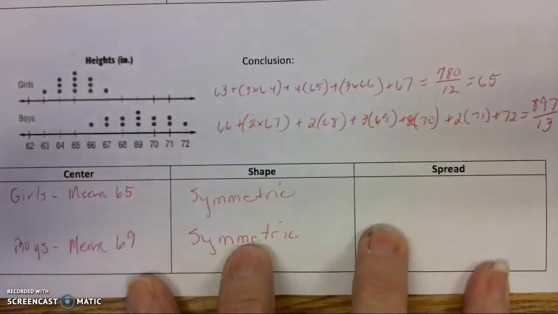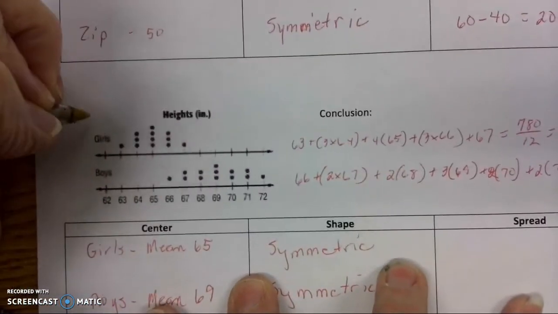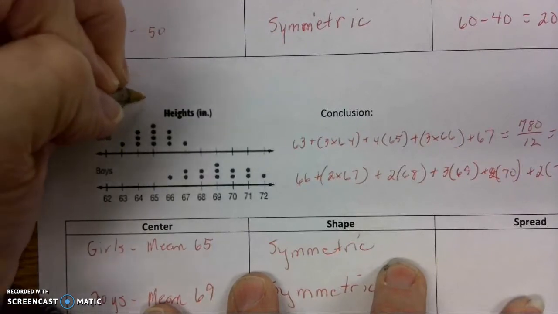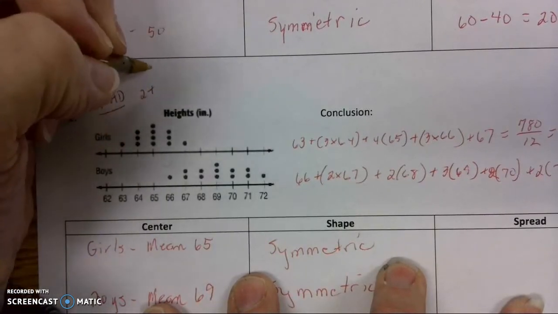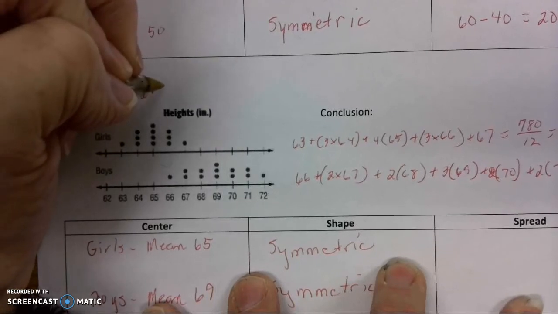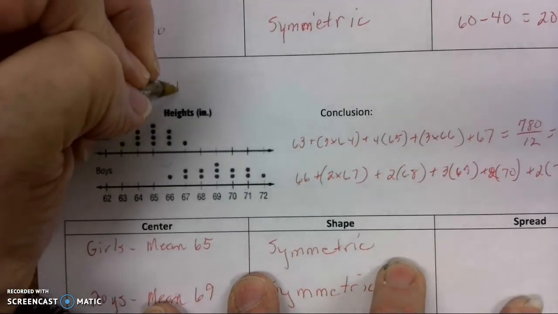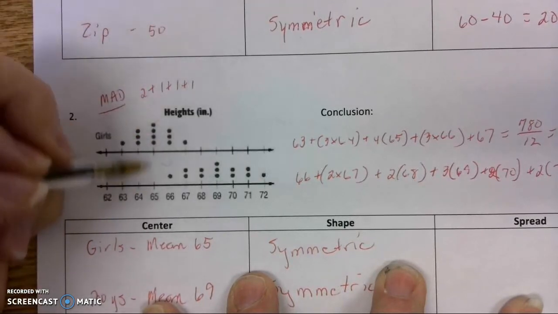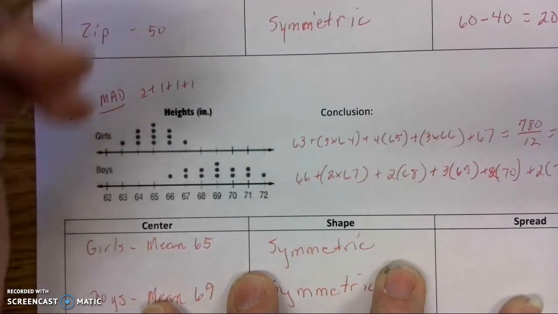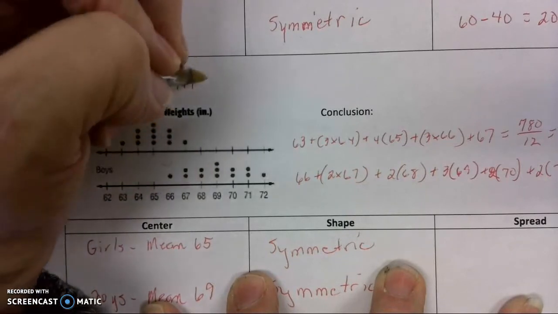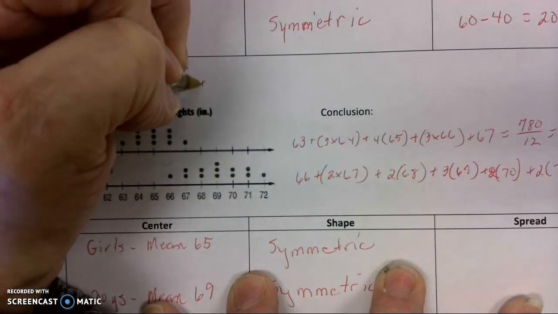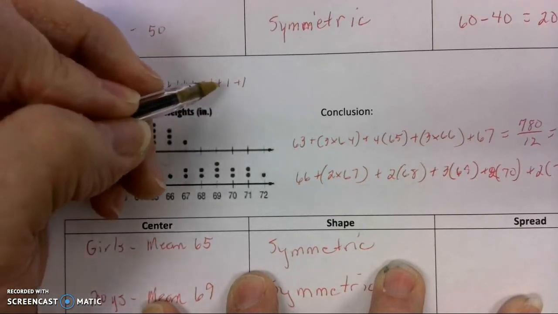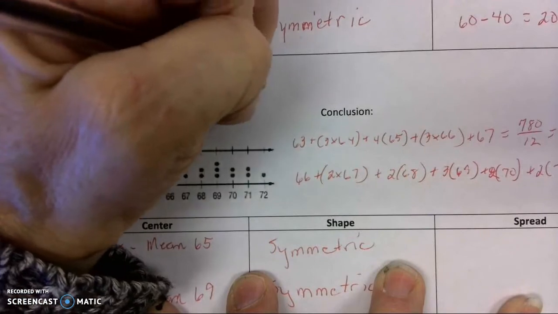For my girls, I'm going to be adding 2, and then I've got 3 ones, so 1, 2, 3, and then 65 is the median, so that's zeros, and then I've got another 3 ones, 1, 2, 3, 4, 5, 6, and then 2.